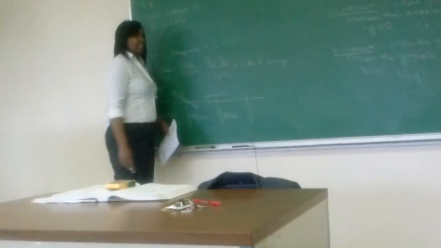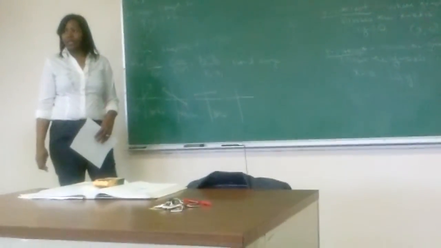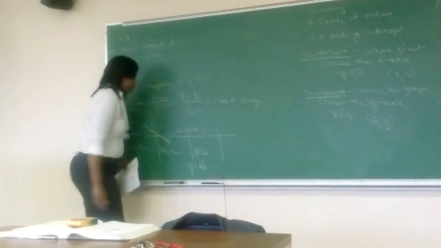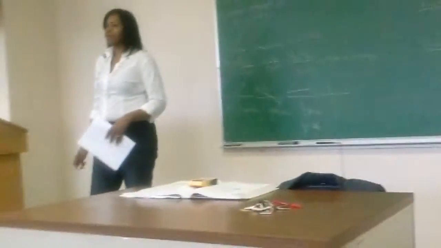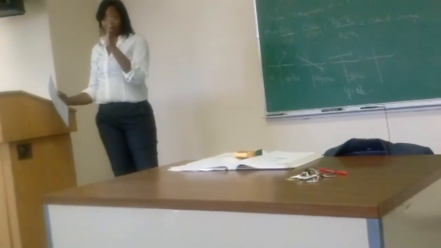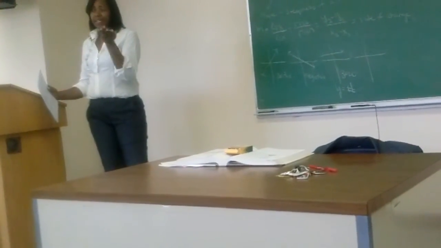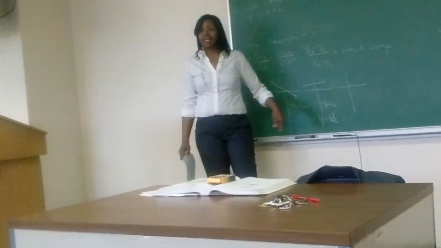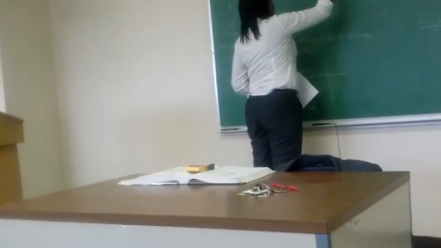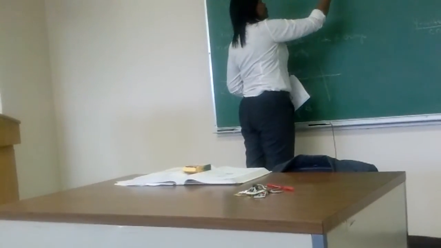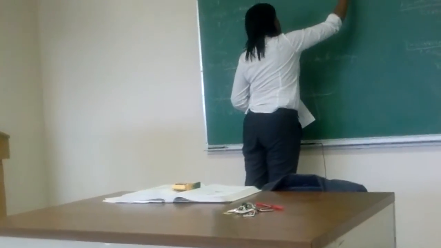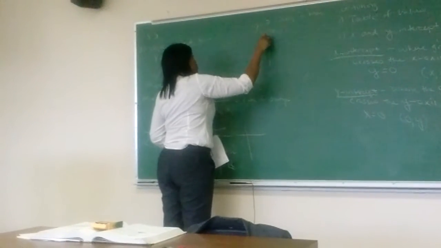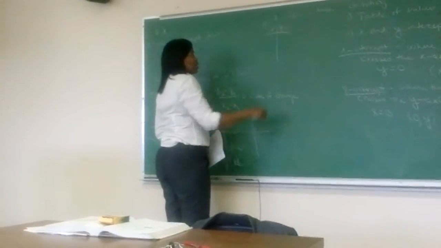Now, for this one, the equation is special. The equation is always y equals a number. Whenever you have y equals some number, the graph of that equation is a horizontal line. What they're saying is, no matter what x is, y is always that number. So if they ask you to graph y equals 2 using a table, in my table I can pick any values for x, and y is always 2.